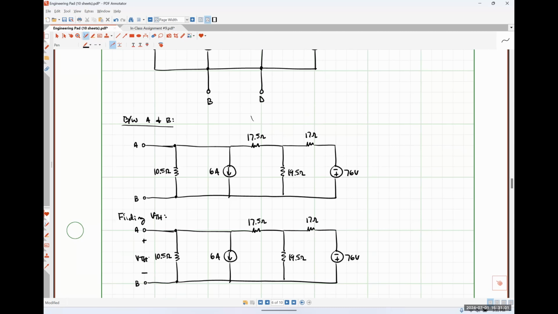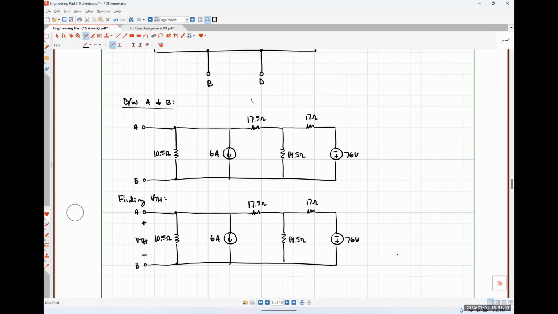And what circuit analysis technique might we use for that? Nodal. Sure, why not? Seems like a perfectly reasonable thing to me.